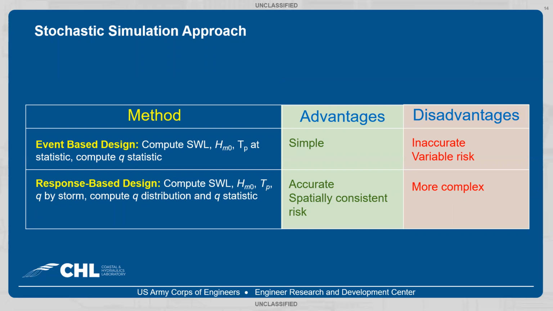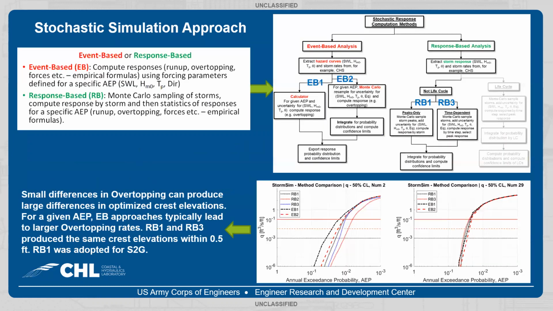So it's accurate and has a spatially consistent risk level, and the basic problem with it is it's more complex, but with modern computer systems and modern software, we can make that quite easy. So we looked at all the methods in a comparison study.